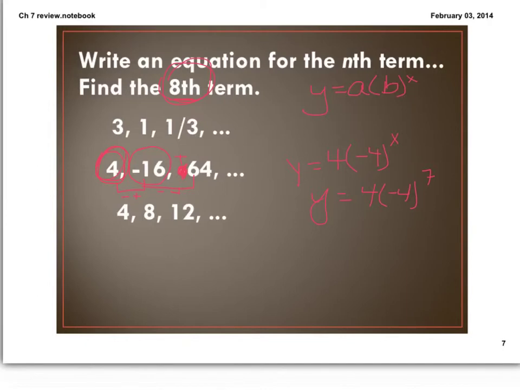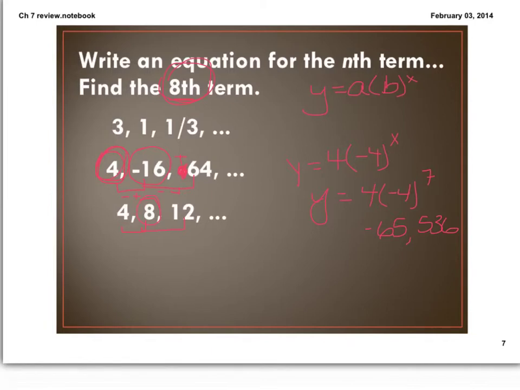Negative 4 to the 7th power is negative 16,384, and then you take that times 4, and you get negative 65,536.